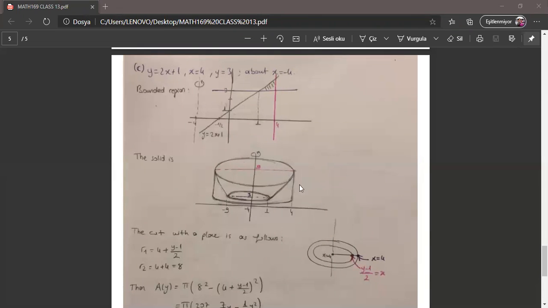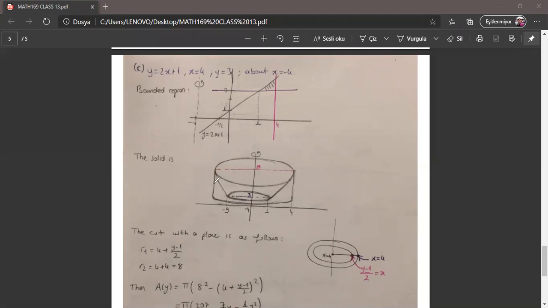Let's cut this solid, okay? If we cut it, the cut will look like this, because here we have this circle, and we have this circle too, and inside it's empty.